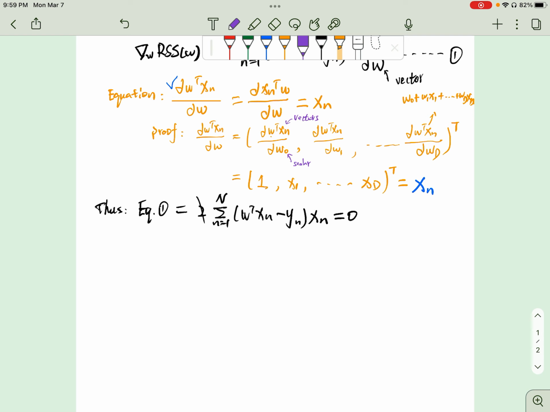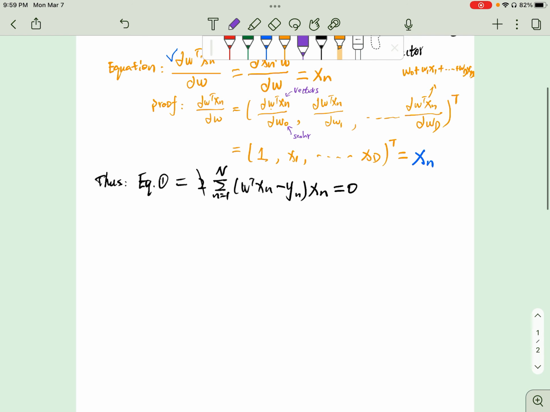And here, you should also always pay attention to the notation. So here, this one, xn, omega, are all vectors. On the other hand, this yn is not a vector. So this yn is a scalar. What is yn? So yn is the ground truth of the nth sample here.